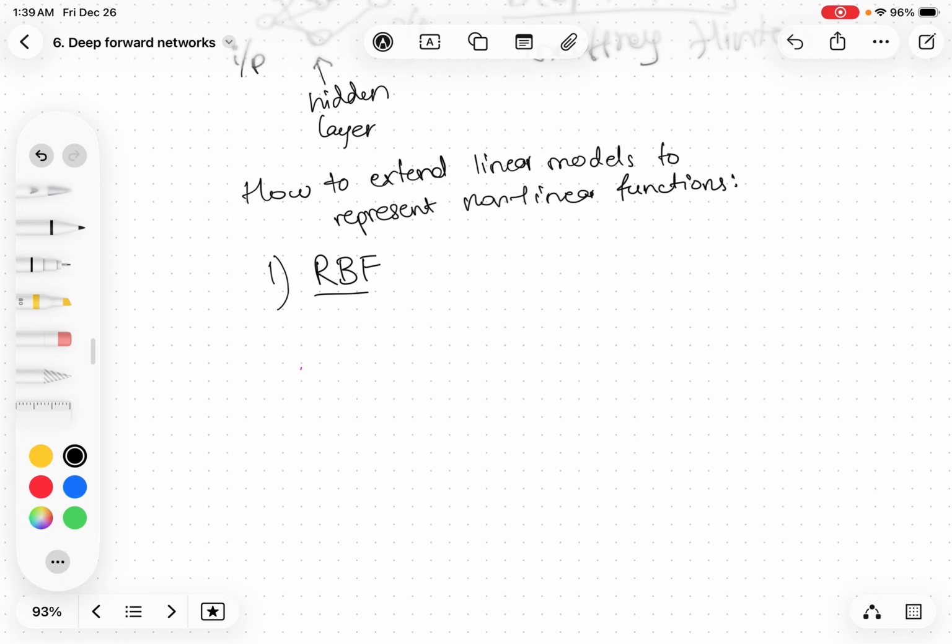So here we just use a very generic nonlinear transformation like phi that is implicitly used by the kernel machines based on the RBF kernel.